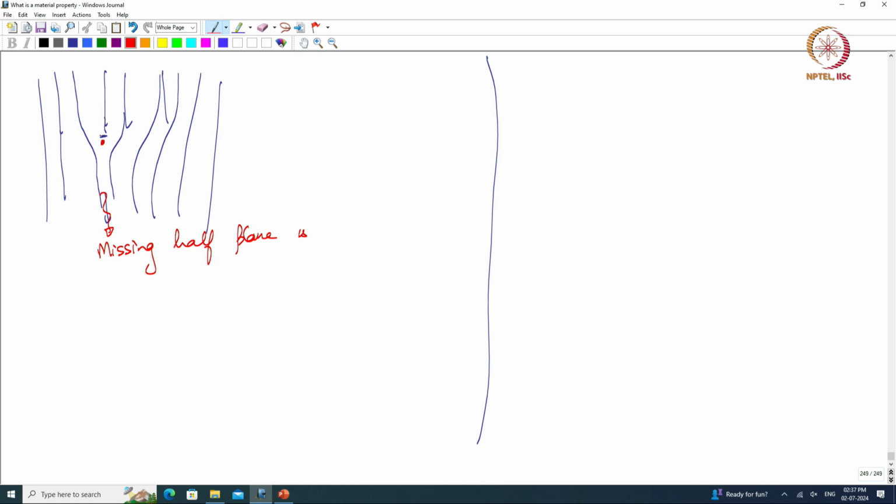So, the dislocation is actually coming out of the board here. The boundary between the missing half plane and the existing plane, that is, the boundary between this plane and this virtually missing half plane, is what is called a dislocation in this scenario, right.